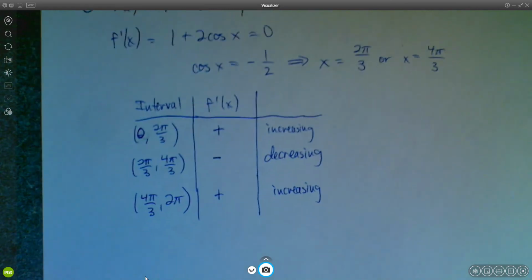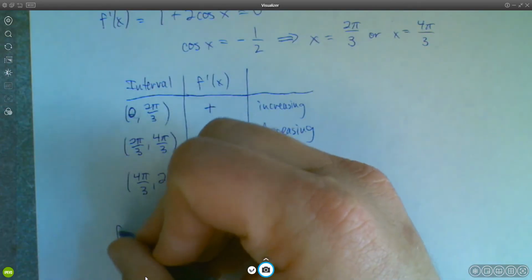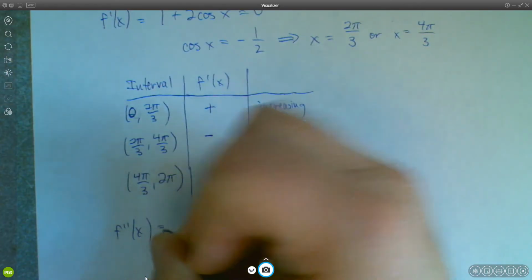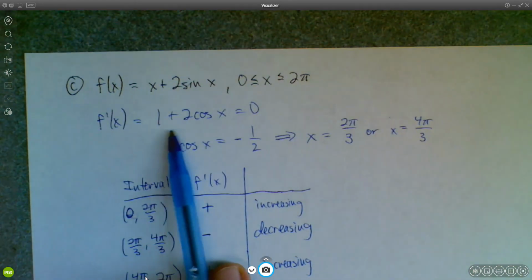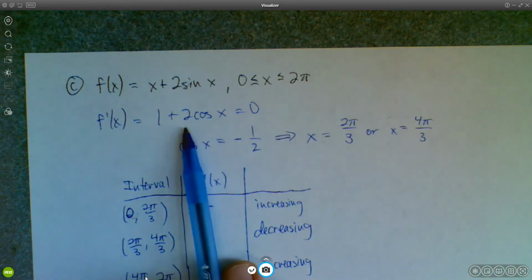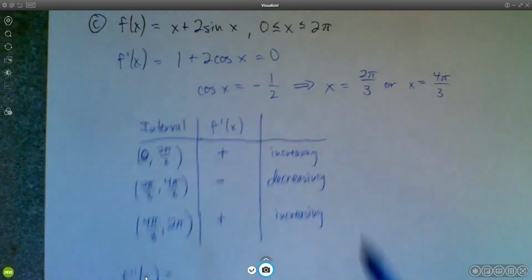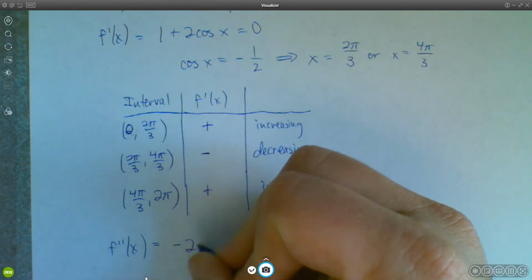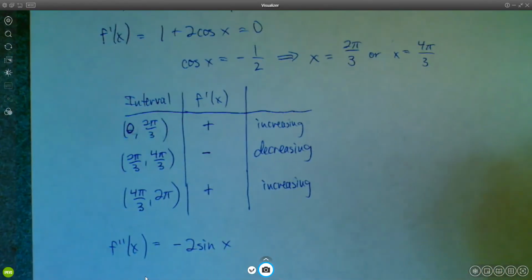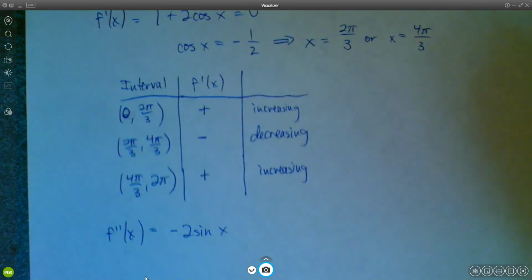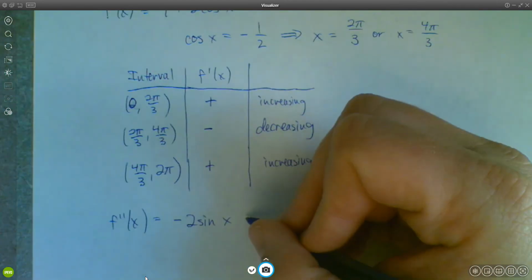Okay, now for concavity. We take the second derivative. The second derivative here is going to be negative 2 sine x. And we want to know where that is equal to 0.